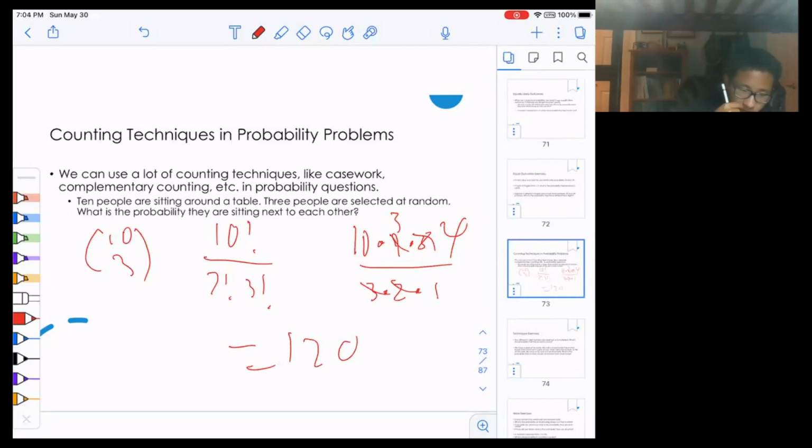So then 10 divided by 120 equals 1 out of 12. That's the probability that if you choose 3 random people, they're all going to be sitting right next to each other.